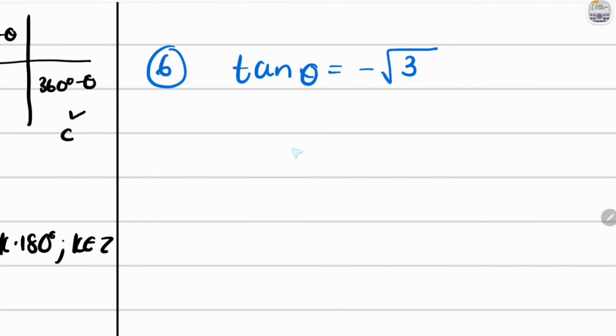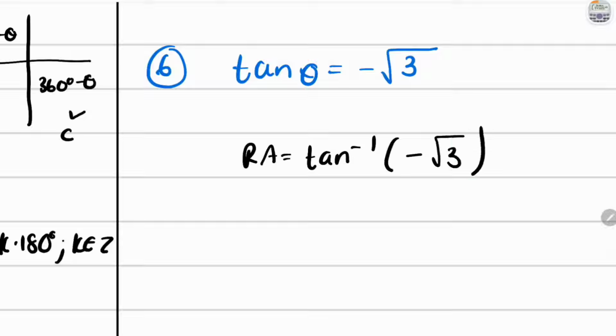We just have to find the reference angle. So our reference angle would be equal to taking shift tan of negative root 3. If you find shift tan of negative root 3, it's going to give you negative 60 degrees. So our reference angle is negative 60 degrees, and that's fine.